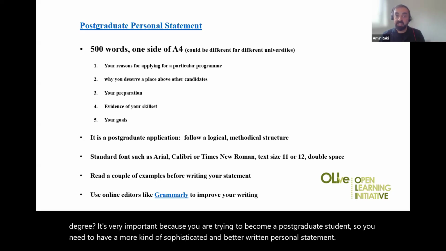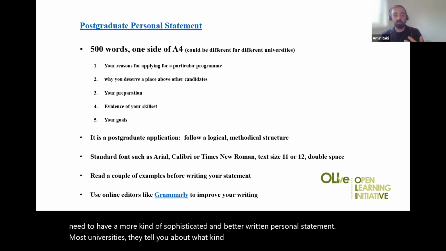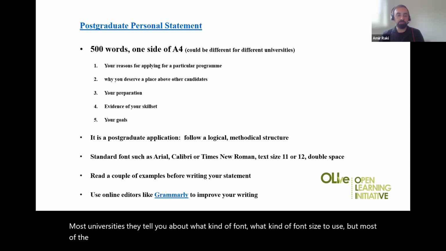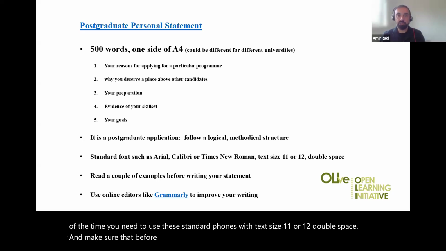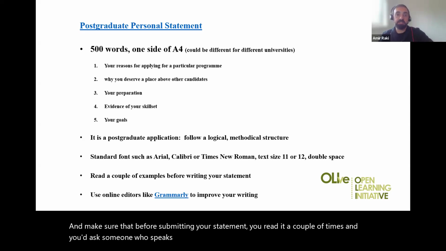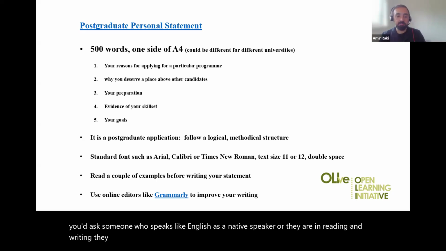Most universities tell you what kind of font size to use, but most of the time you need to use standard fonts with text size 11 or 12, double space, and make sure that before submitting your statement, you read it a couple of times and you ask someone who speaks English as a native speaker, or who is good at reading and writing, to read your statement and give you feedback.